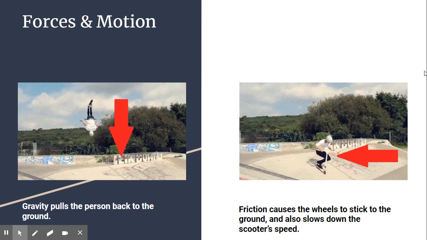As they land, friction acts against the direction of their motion. That friction helps the wheels stick to the ground and not slide out from under the person, but it also slows down the speed ever so slightly. Each of those forces had an effect on the scooter and the rider's direction and speed. A change in their motion is caused by a force.